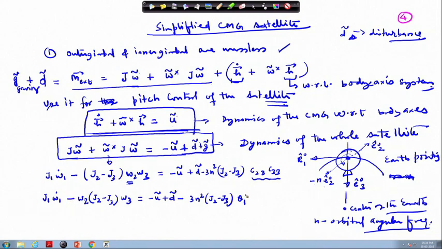So, we have developed this equation earlier, if you remember. This we have done in the gravity gradient, then the spin stabilization, and thereafter we have also worked this type of equation in the gyrostat satellite. So, number of times this has been repeated. So, I hope that by now you remember all these things.